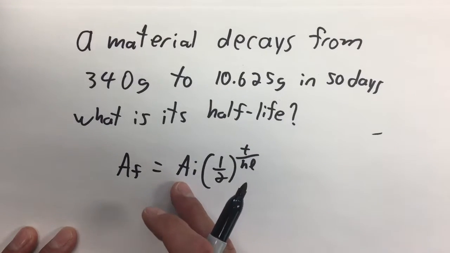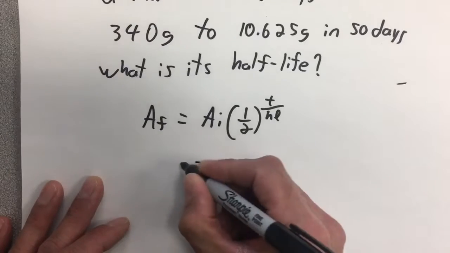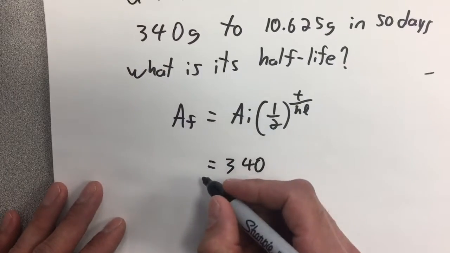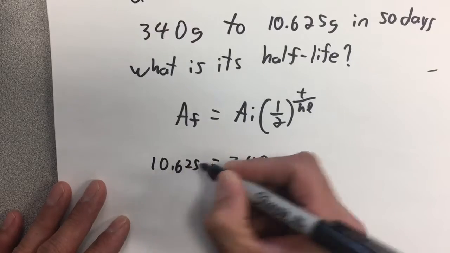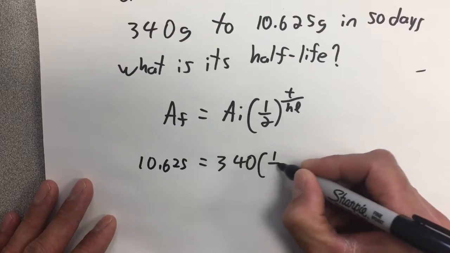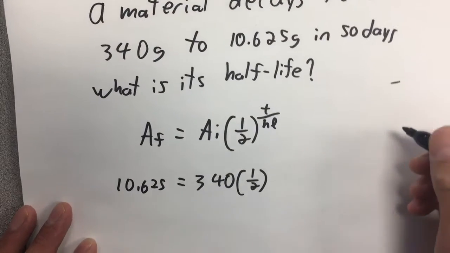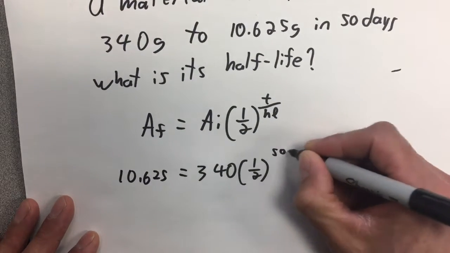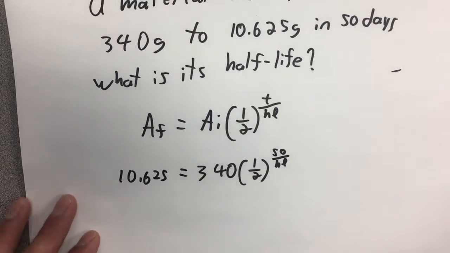So our initial amount was 340. And that decays, that is, it decreases to 10.625. And that's happening in 50 days, so time is measured in days here. So our exponent is 50 divided by the unknown half-life.